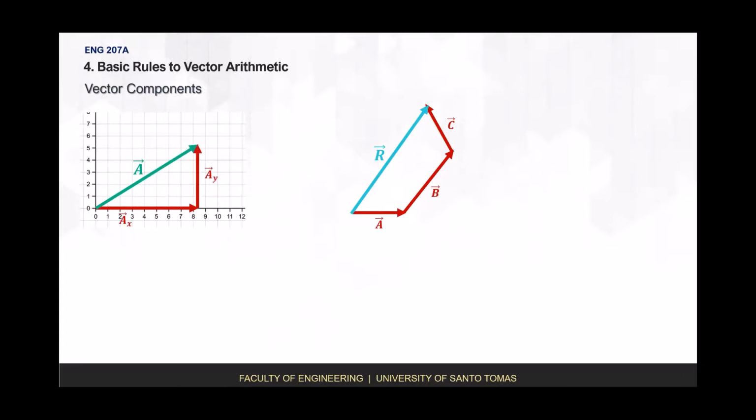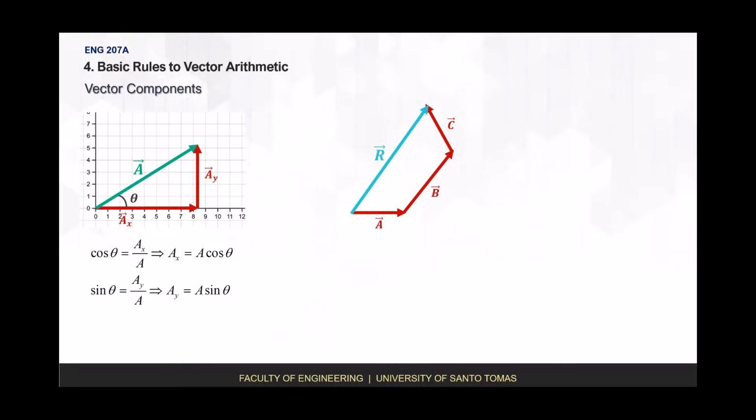And as you can see, it does form a triangle for a single vector. So it's easy to use the definitions of polar coordinates, and the principles of the Pythagorean theorem and trigonometric properties, to define the vector components AX and AY.